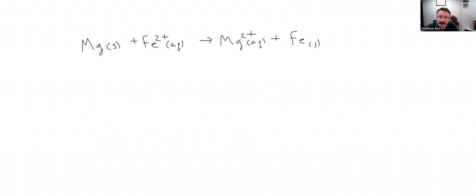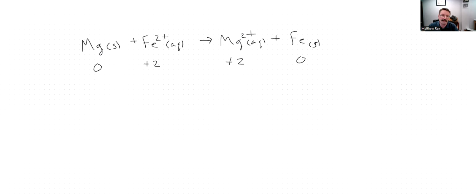So it would come out of the solution there. So rules for assigning oxidation states: magnesium, solid metal, no charge, free element in its naturally occurring state, 0. Iron, monoatomic ion, whatever its charge is its oxidation state. Same thing for the magnesium on the product side. And then the iron on the product side is now a free element all by itself, no charge. So it would have an oxidation state of 0.